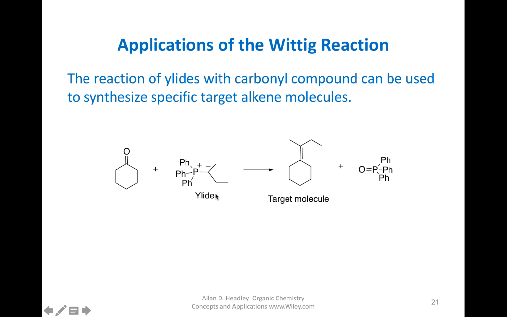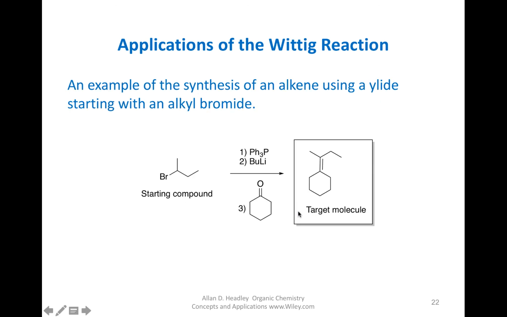So all we have to do is identify the ylide portion and the carbonyl portion and put them together. So the next step here shows that if you had cyclohexanone as your starting material, and you had this as your ylide, putting them together, you have made your target molecule. What I should point out here, however, is that sometimes you'll have to make the ylide, as I pointed out earlier. So let us see how we can make the ylide and incorporate that in the synthesis of the same target molecule.